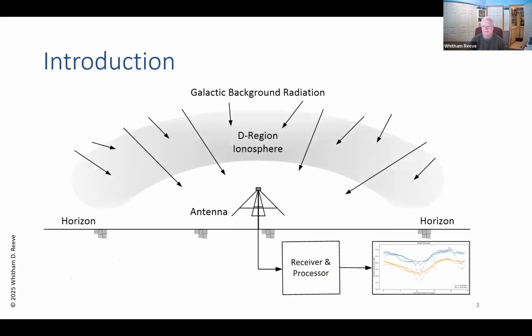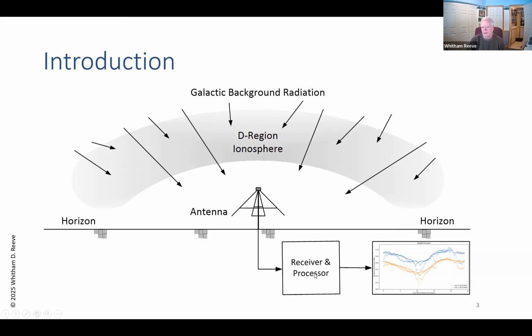So what we're looking at then is the galactic background radiation that pervades the Milky Way. It propagates to the Earth and penetrates the ionosphere. And if there's no absorption in the D region, which is where you normally would get your absorption, then you will receive the background radiation with your antenna.